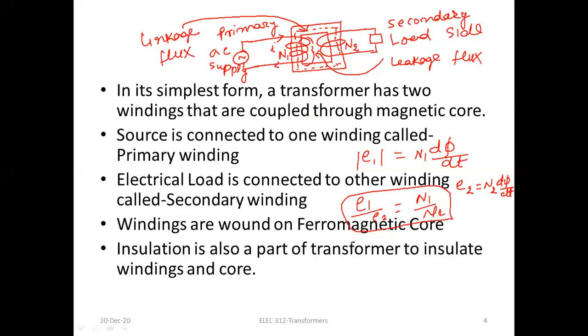This is the ferromagnetic core. Insulation is also a part of the transformer, to insulate the windings and the core. This winding is insulated, meaning some insulator is placed on this conductor and then it is wound on the core of magnetic material, so that these two windings are mechanically in contact but not electrically in contact, due to the insulation.